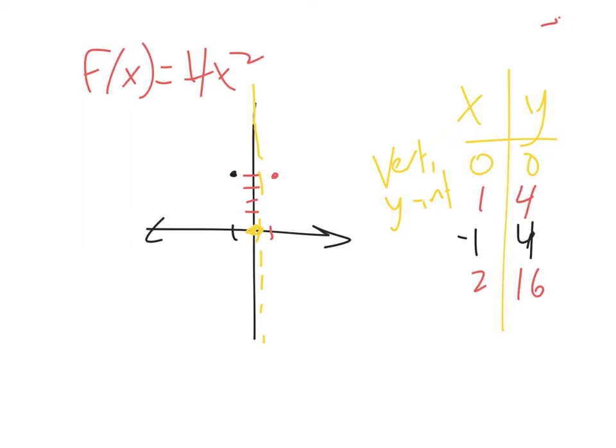It's way up here somewhere, and I can't draw it because it's off the screen. But I can still figure out how to reflect it. It's 16 high, but how far over to the left will it go? 2. So what are the coordinates of the point? Negative 2, 16. So there are my points, and now you draw your graph.